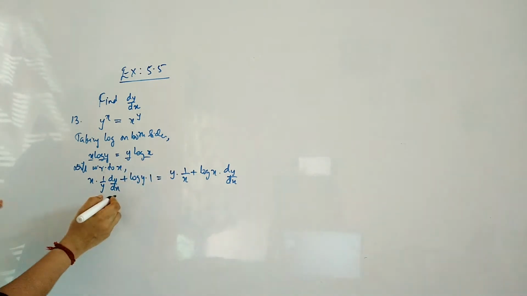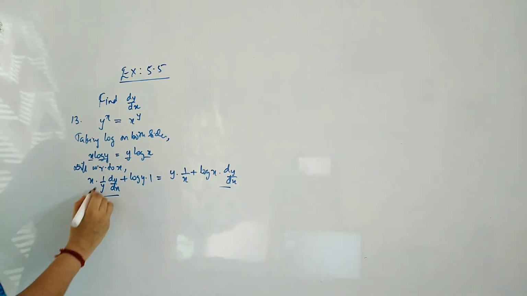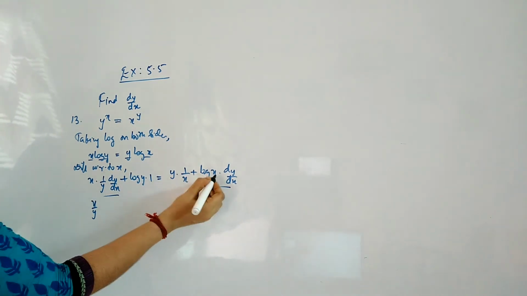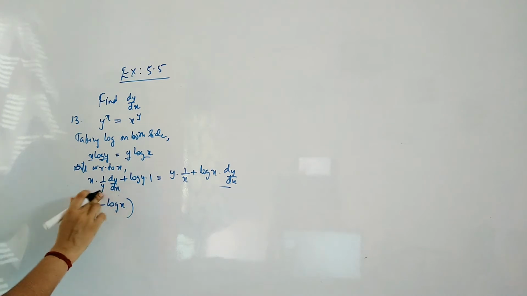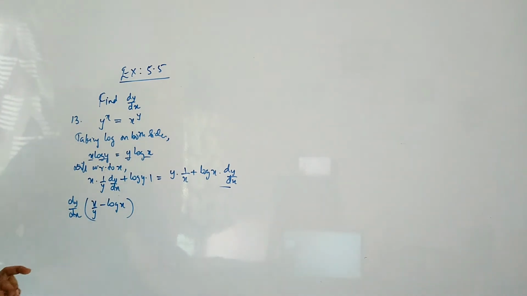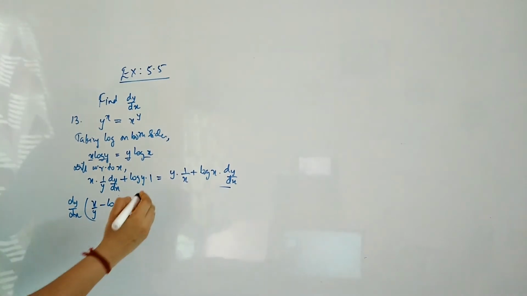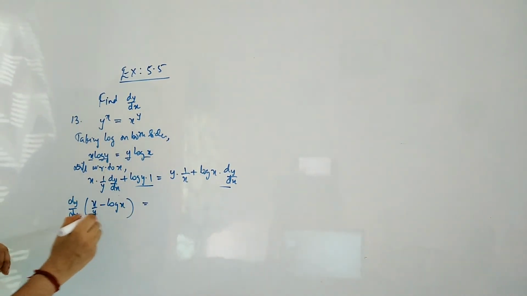Okay, now you have to just collect the dy by dx terms together and remaining to the other side. So here you have x by y and this term will go there as minus log x, taken dy by dx outside, which is equal to remaining, what are the terms? This one you have and this.